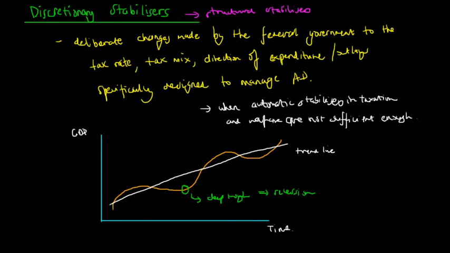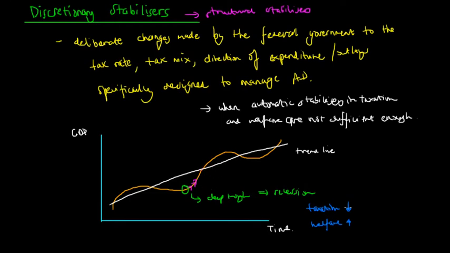So what happened then was that taxation, as part of automatic stabilizers, decreased. And at the same time, welfare payments increased. So theoretically, this pushed aggregate demand again back up towards this steady state of growth around here, or this trend growth.